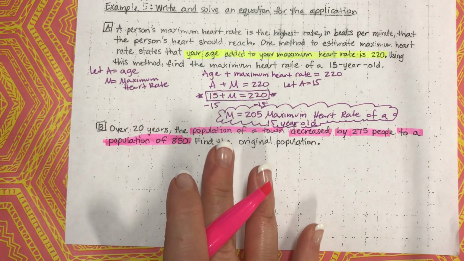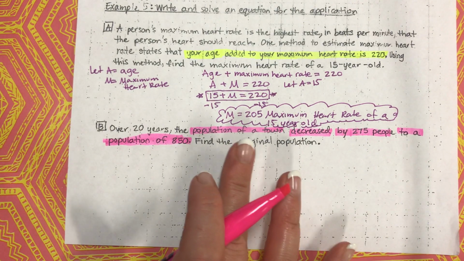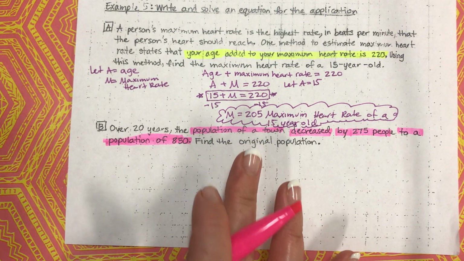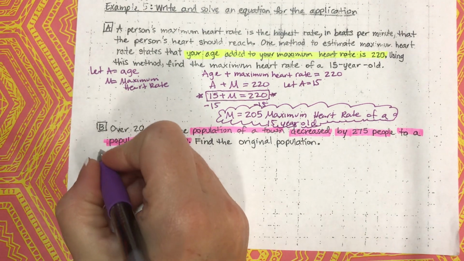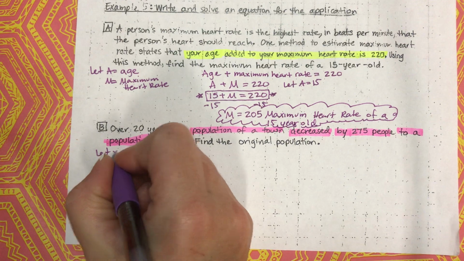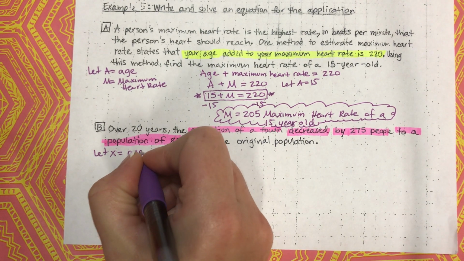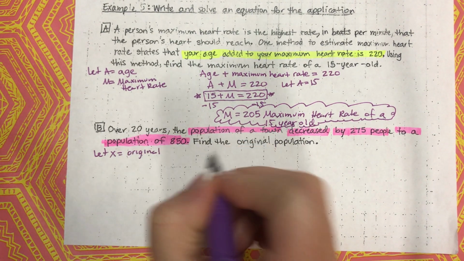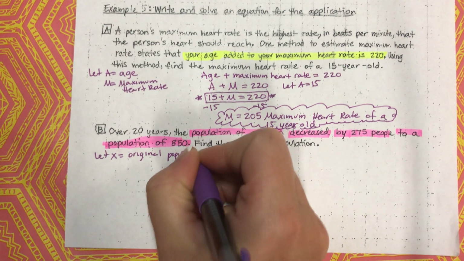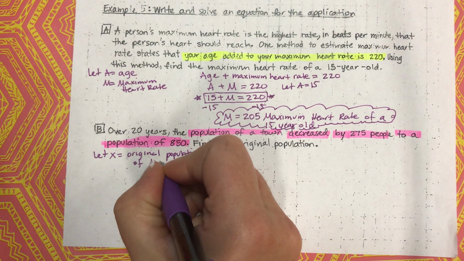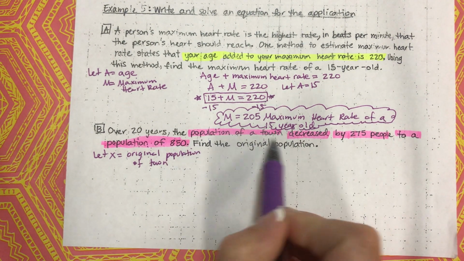So what I don't know is the population of the town, that is the original population of the town. I'm going to go ahead and define my variable. I don't know that, so I'm going to call that x. So I'm going to say let x equal original population of town. Okay. So here we go.